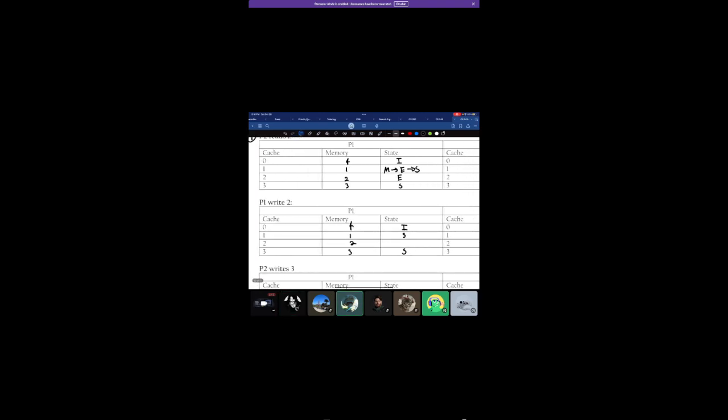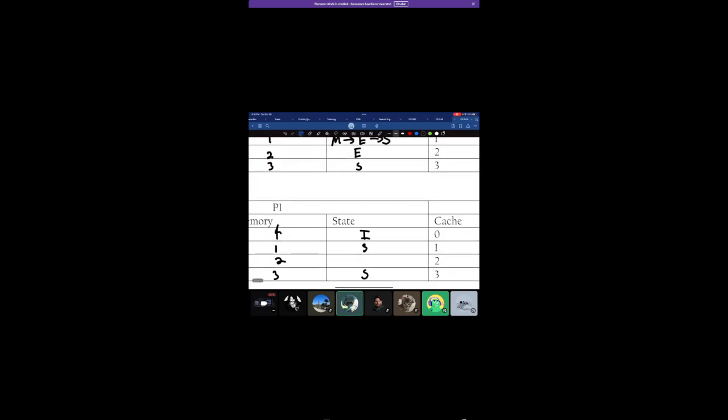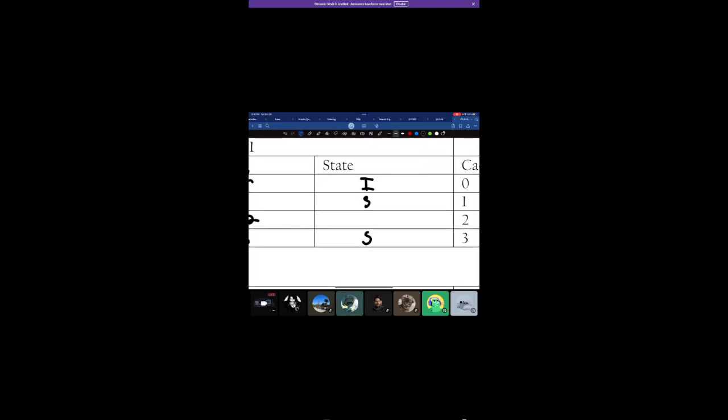And then at this spot here, we are changing the value of address 2 on a write back policy, meaning we're only going to update the cache on a write. So this is going to go from exclusive to modified, because we only updated the cache and not the main memory. Does that make sense?